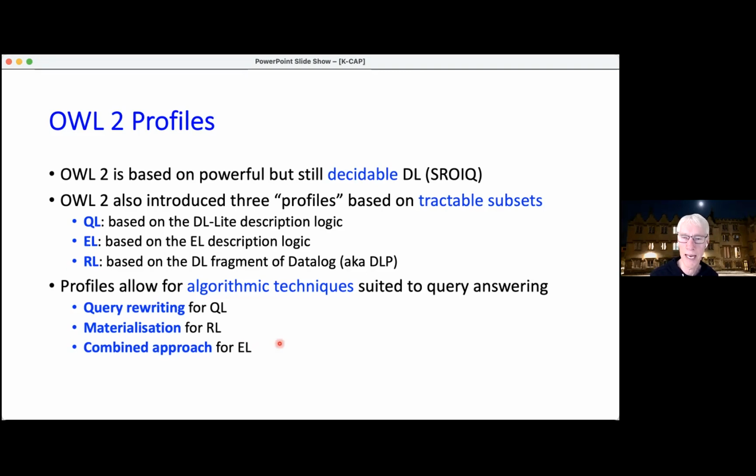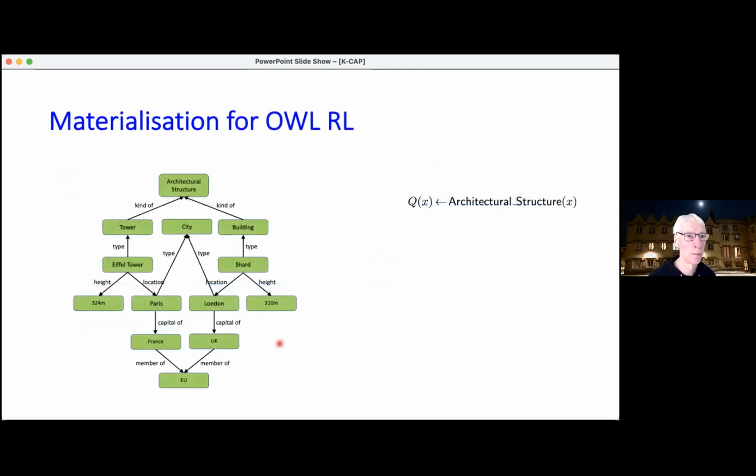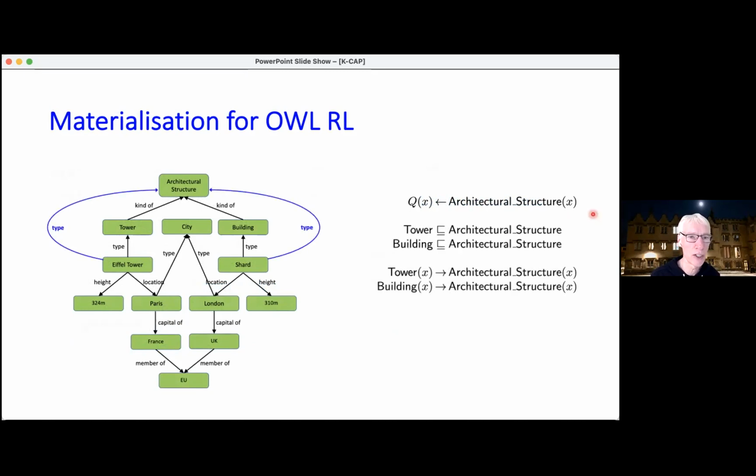I just want to say a little bit about the materialization reasoning for RL. I have an example here of answering a query just for architectural structures. The way this works in materialization is I treat the axioms, or the Datalog equivalent of those axioms, which are just these rules, as completely equivalent from a logical point of view.